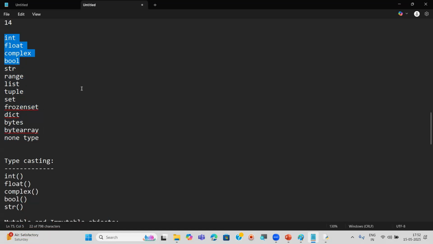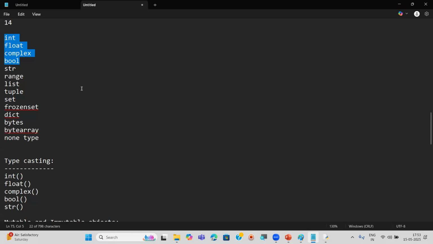Int 10 means a single element, float 1.5 a single element, complex 2 plus 3j a single element, and bool true or false is also a single element. That is not a string. But the remaining ones, for example string, are a sequence of characters. There is a group like that. Later we'll see all these.